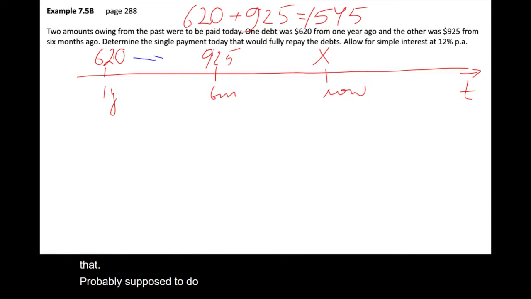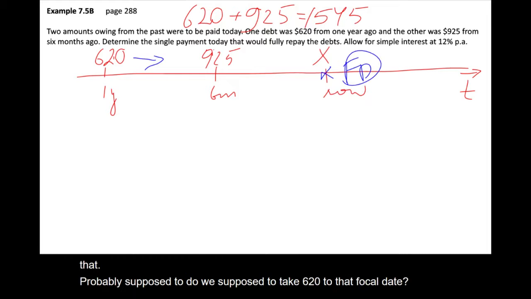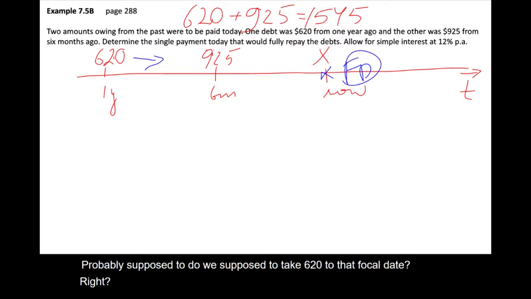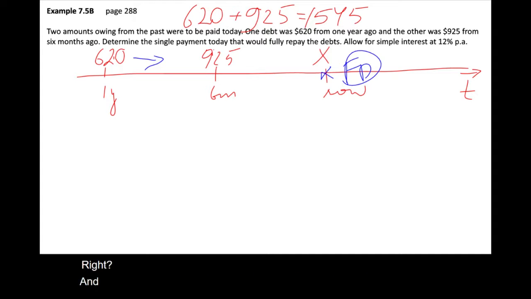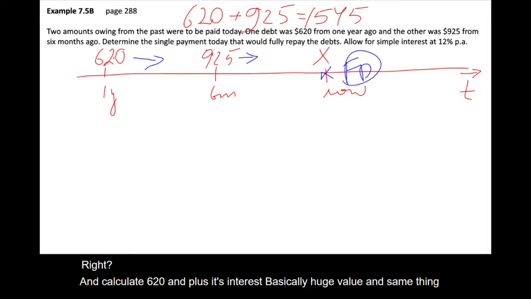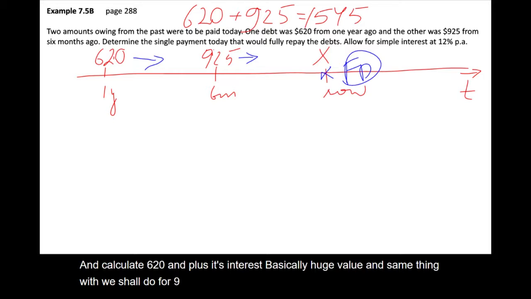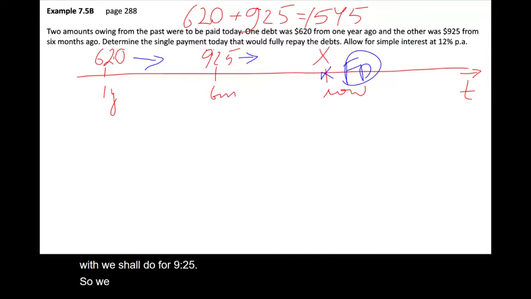We're supposed to take 620 to that focal date, and calculate 620 plus its interest, basically the future value. And we shall do the same thing for 925. So we move money together this time, from left to right.